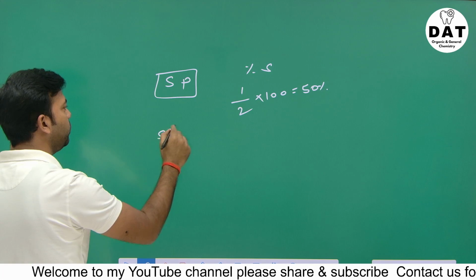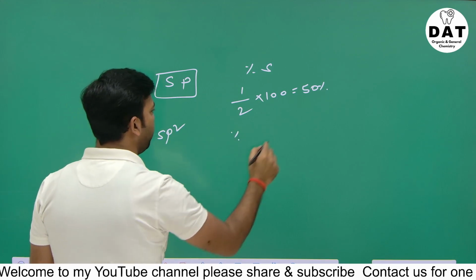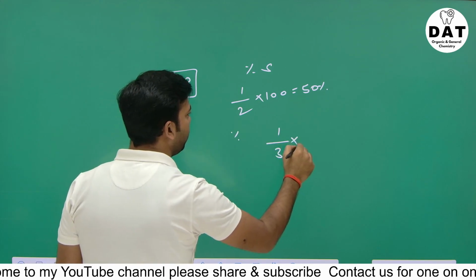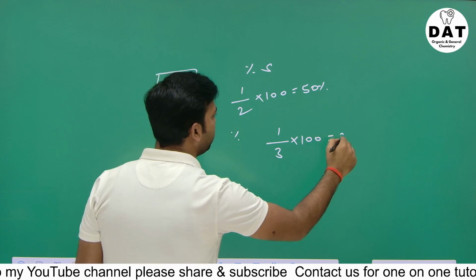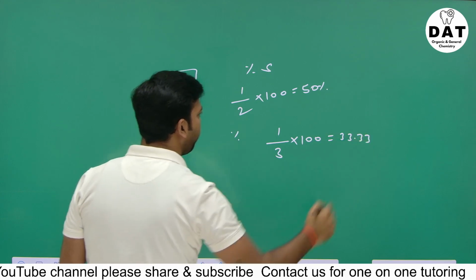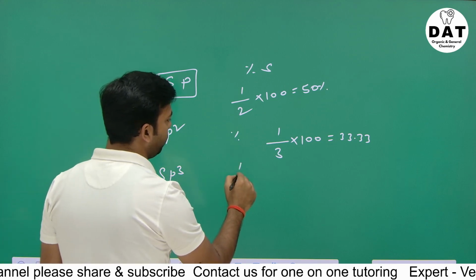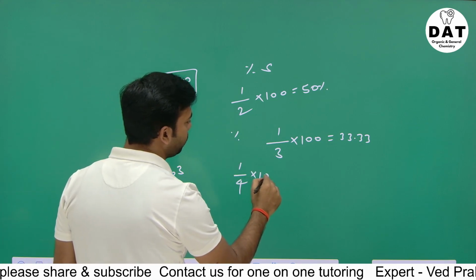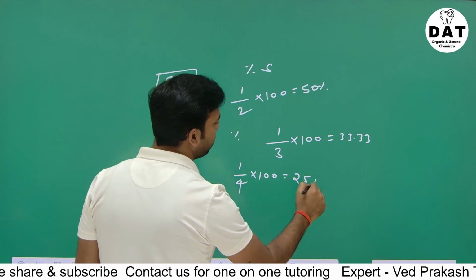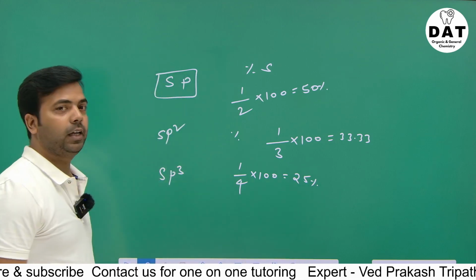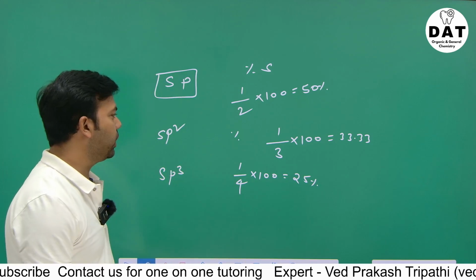Next is sp2. The number of S is 1, total 3, into 100, which is 33.33%. And the next is sp3, which is 1 upon 4 into 100, which is 25%. So the higher the percent S, the greater the acidic strength, because it is more electronegative.